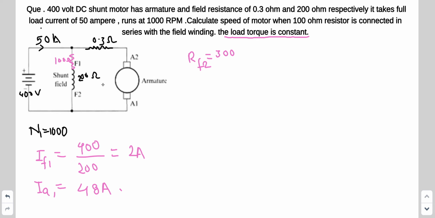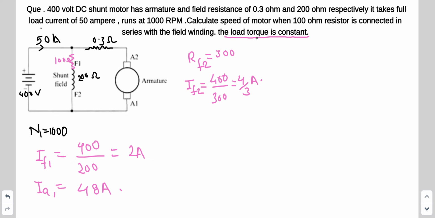So the new current flowing through the field will be IF2. IF2 is the voltage across the field resistance divided by the total resistance, 300, so this will be 4 by 3 ampere.